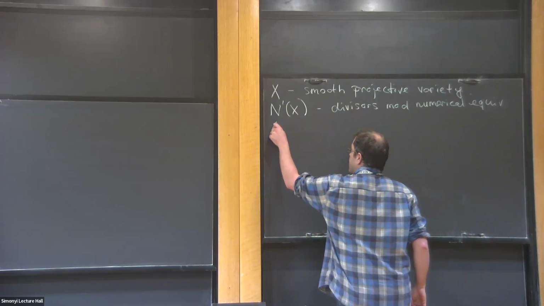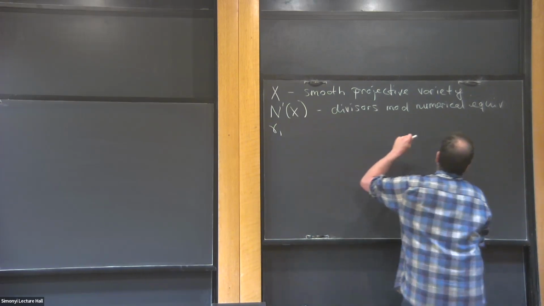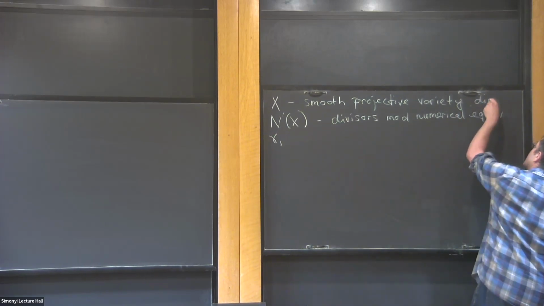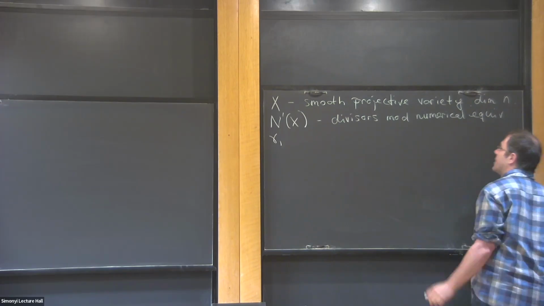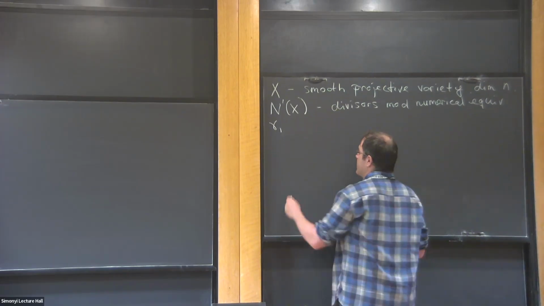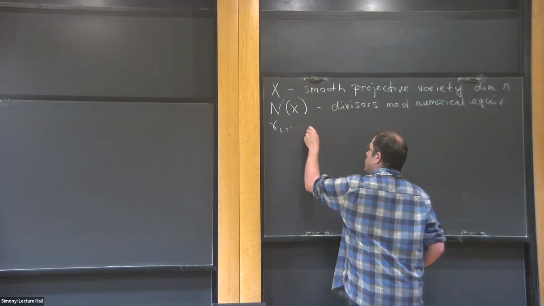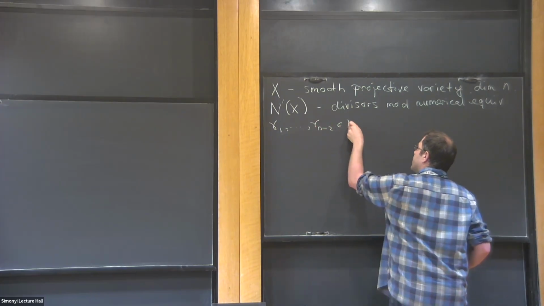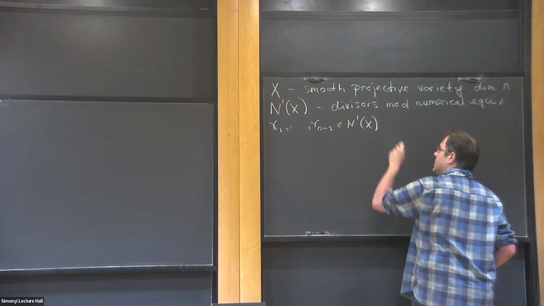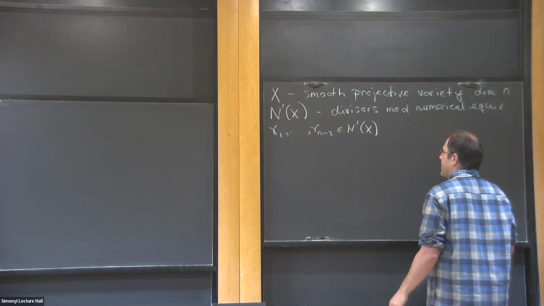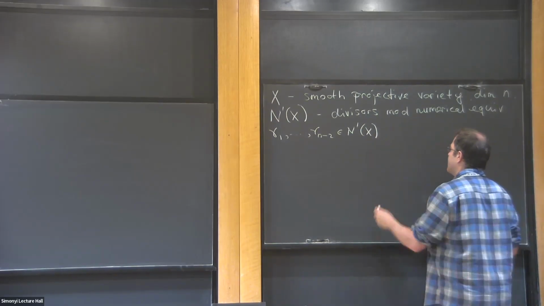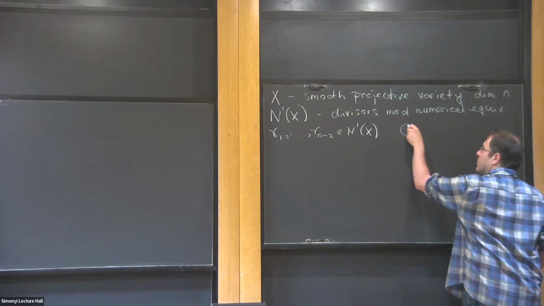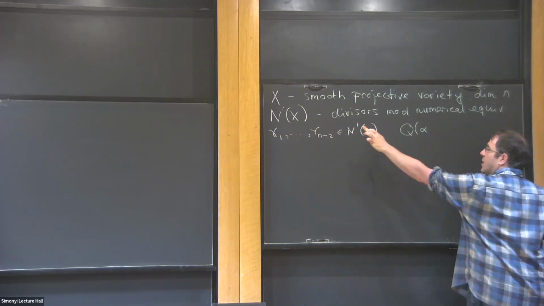And we're going to fix some n-2. I should have written the dimension: I'm going to take the dimension to be n. So we're in an n-dimensional space, and I'm going to fix n-2 of these divisor classes. You will see why n-2. Now if we fix these classes, then I can define a quadratic form Q on N1(X).